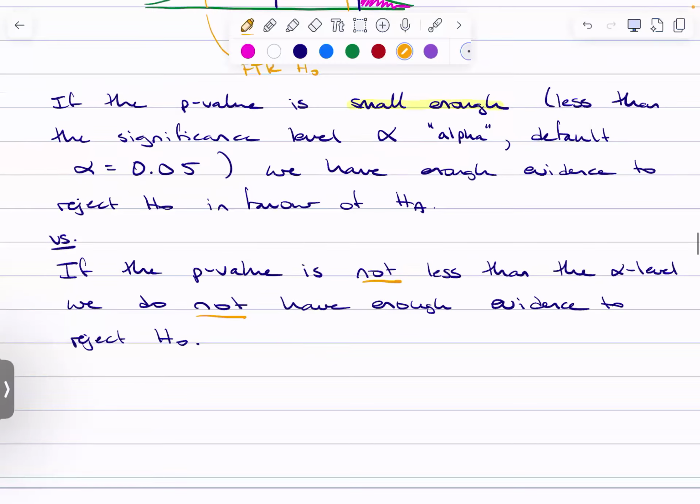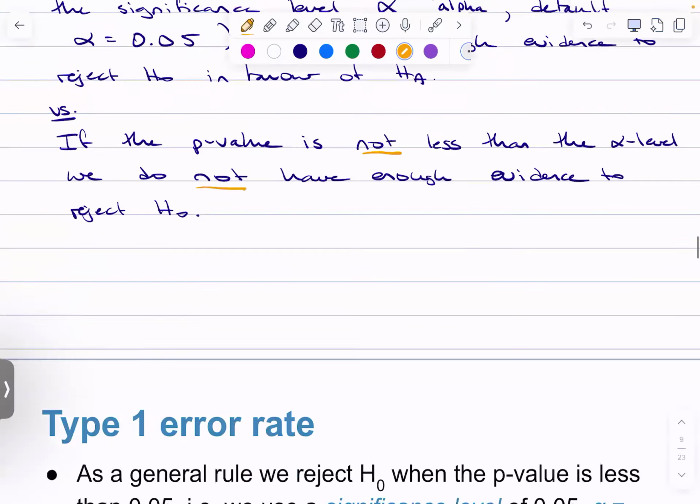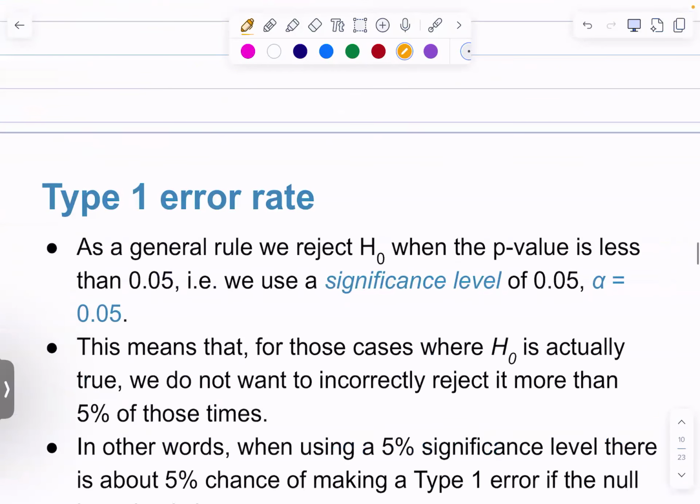So we still don't know how to find that p-value, although I think if I gave you enough time, you can figure it out, right? But I won't make you do that. But I did have to talk about what the p-value is, because here we talk about it, okay? Coming back to our type 1 error rate.